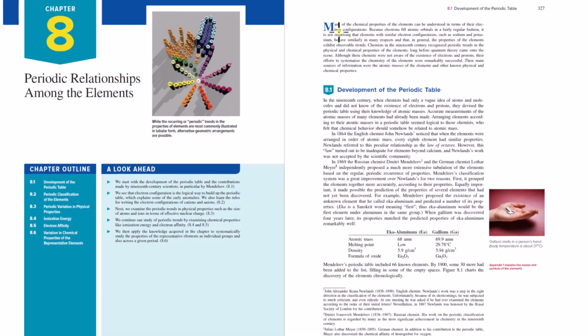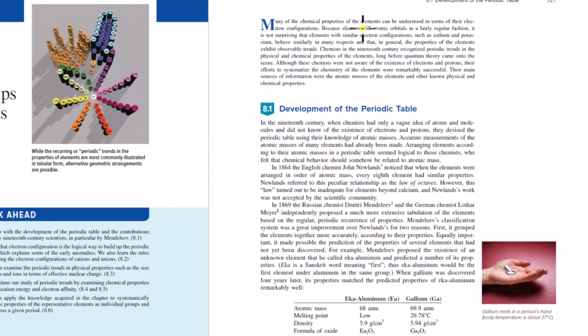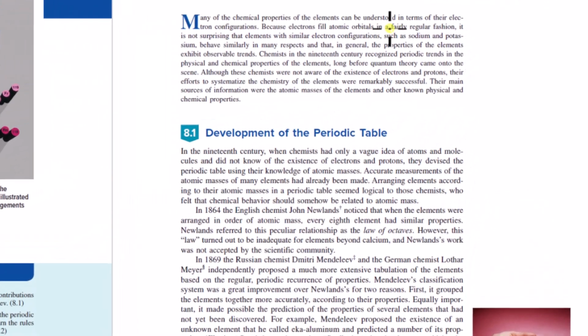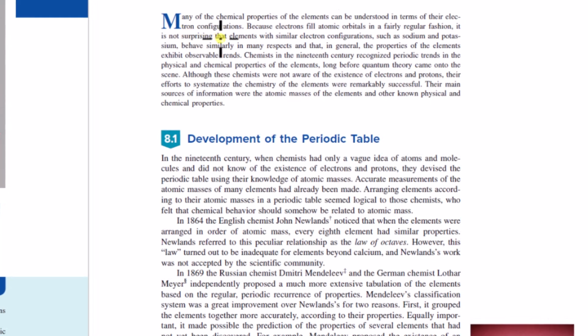Okay, so it says, many of the chemical properties of the elements can be understood in terms of their electron configurations. Because electrons fill atomic orbitals in a fairly regular fashion, it is not surprising that elements with similar electron configurations, such as sodium and potassium, behave similarly in many respects, in that, in general, the properties of the elements exhibit observable trends.